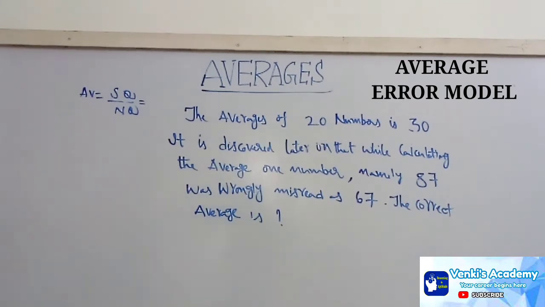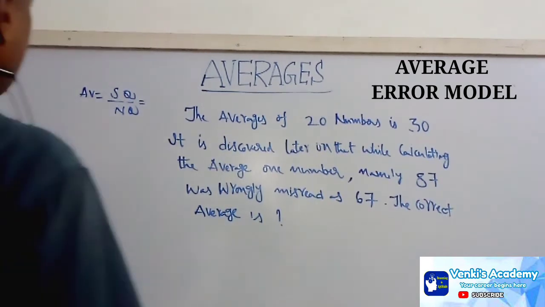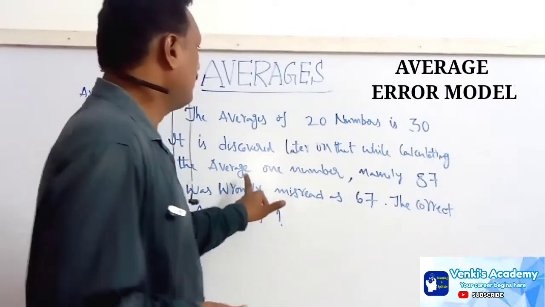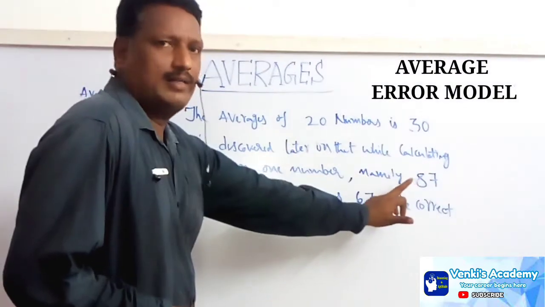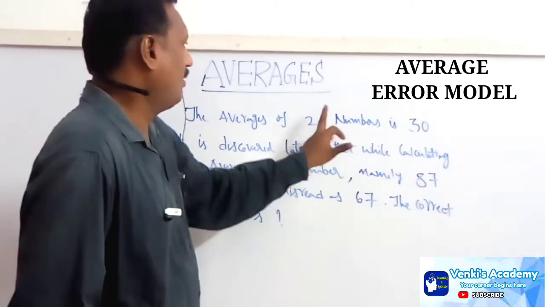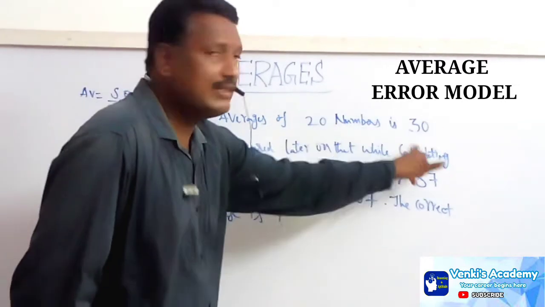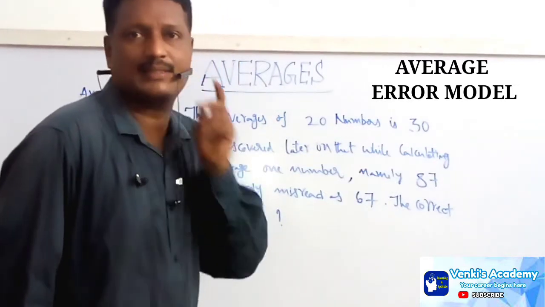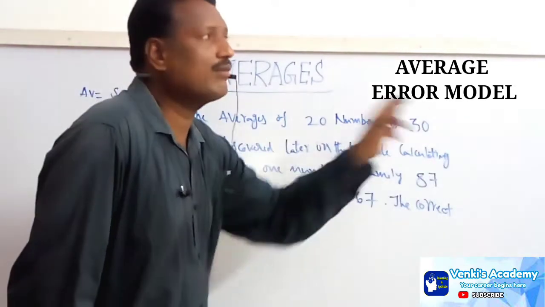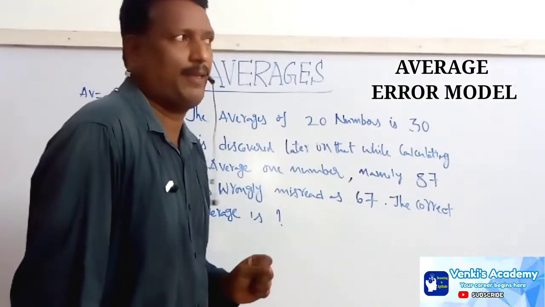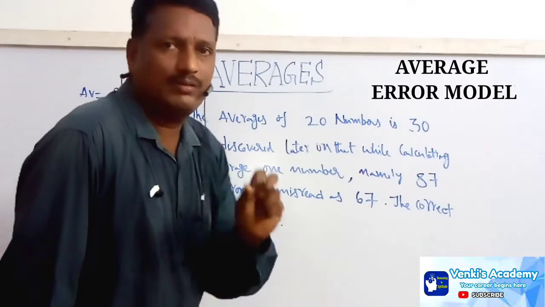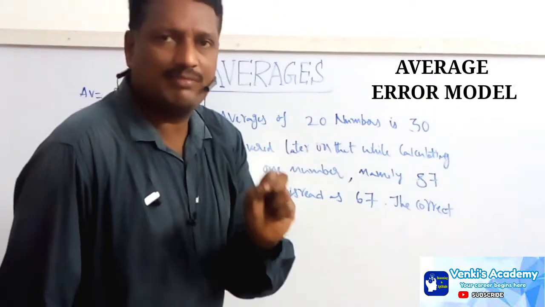Here, simply, the average of 20 numbers is 30. This 30 is now a wrong average. Instead of 30 we have to find the correct average.